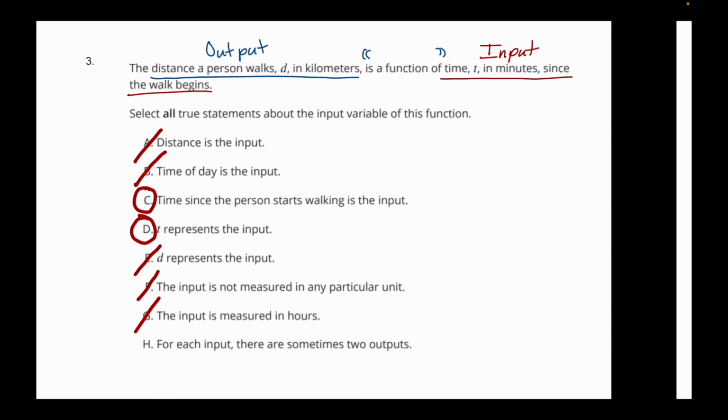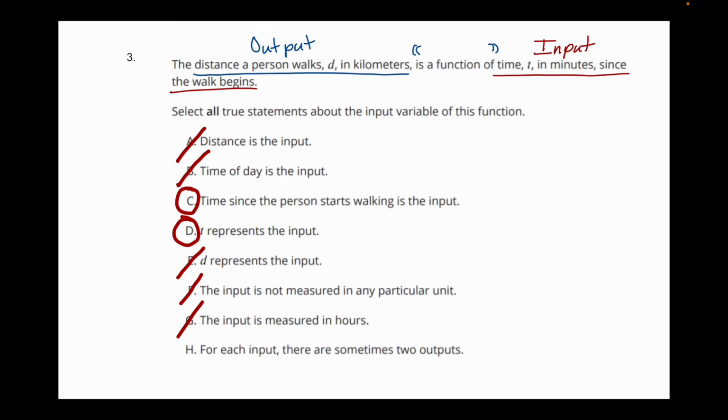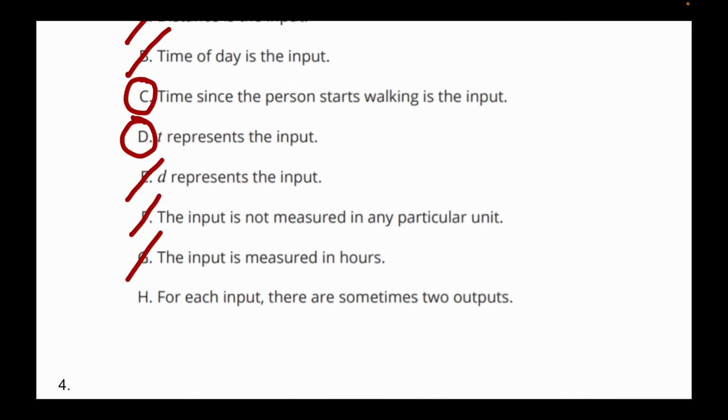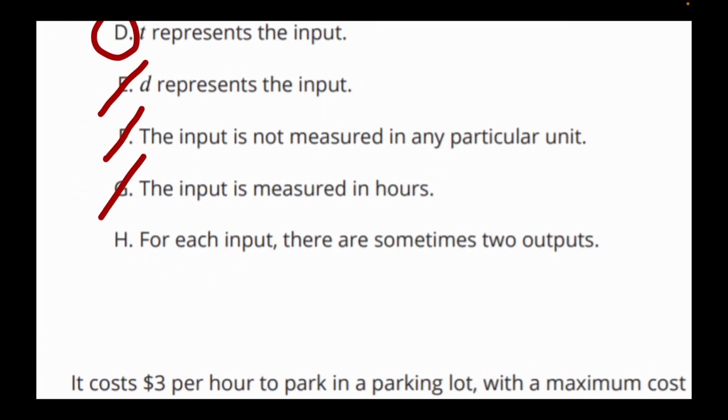And then let's look at option H. For each input, there are sometimes two outputs. So let's actually think about what this means. For each input, an input is time, right? Time. And our output is distances. At a specific time, maybe, I don't know, 6 minutes into my walk, could I be two entirely different distances?